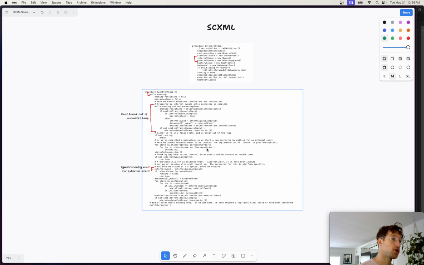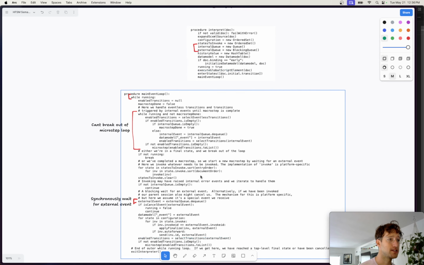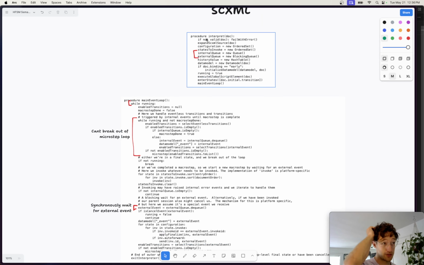And this is pseudocode describing the semantics of SCXML. So while you don't need to write an engine that follows this exactly, it is interesting to think about the implications of authoring a Statechart engine as the pseudocode outlines. So as you can see, the Statechart has a whole bunch of different things.